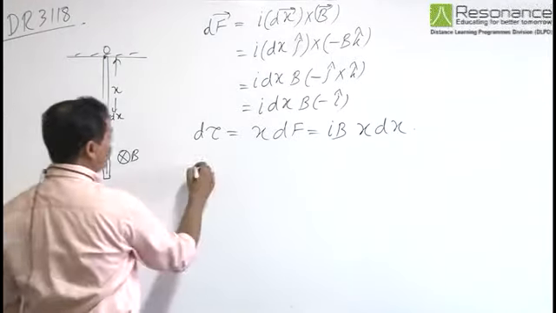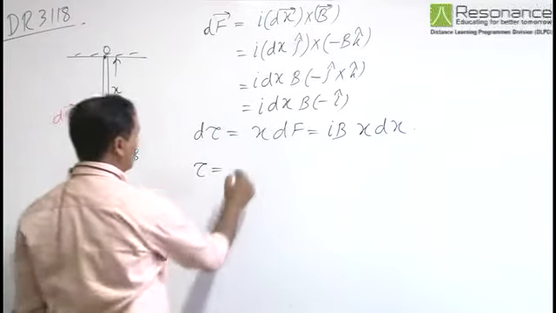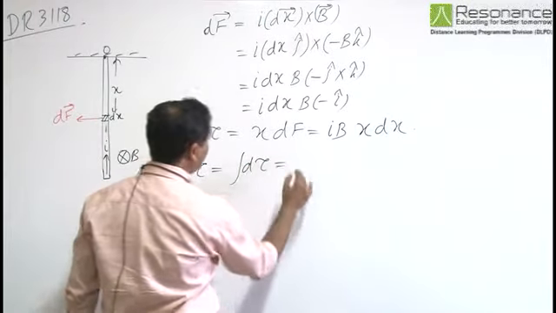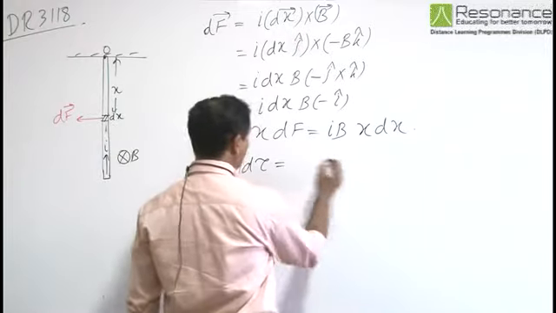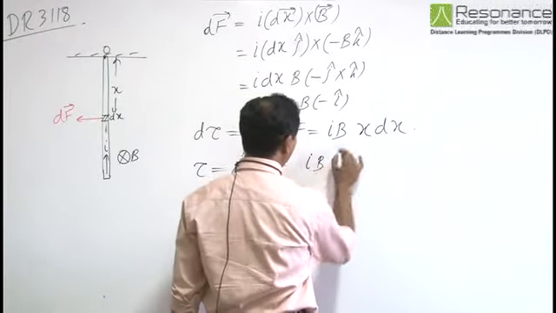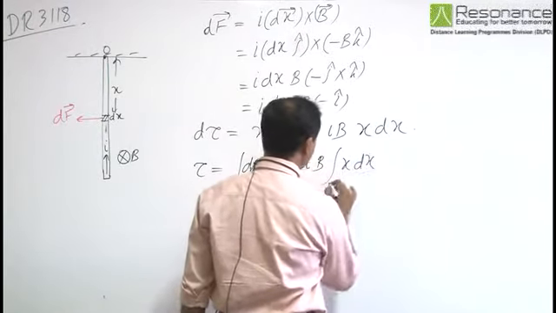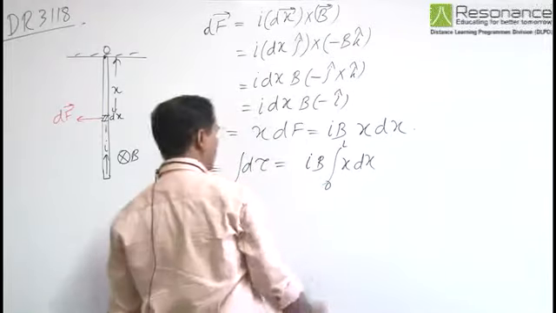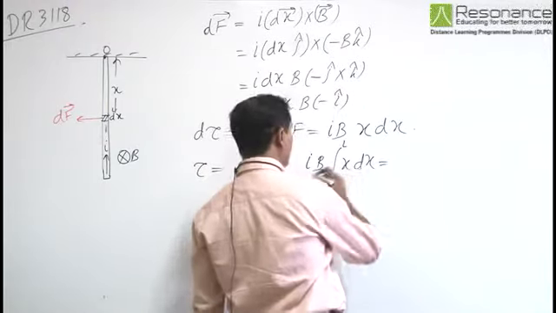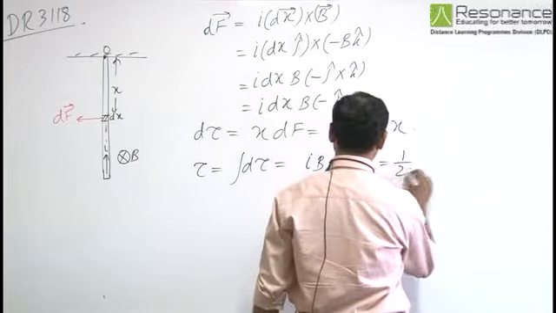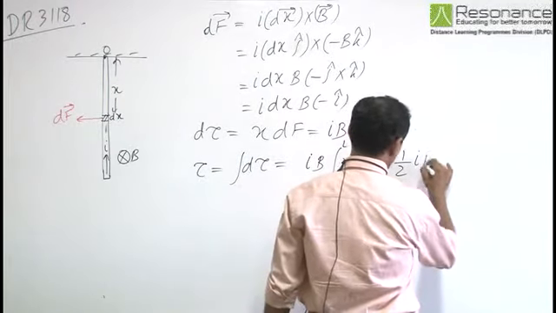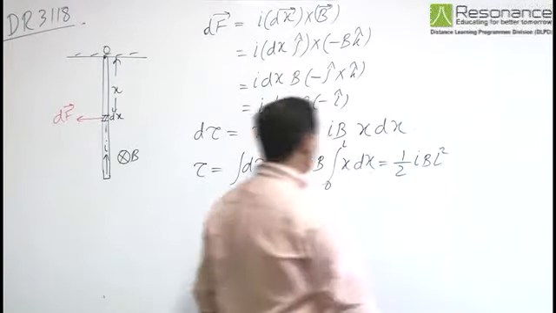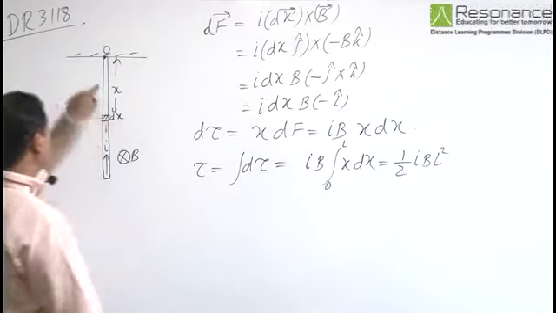So the total torque on the rod, tau, is equal to the integration of d tau, that is equal to I B integration of x dx from 0 to L, that is equal to half I B L square. This is the torque on the rod.